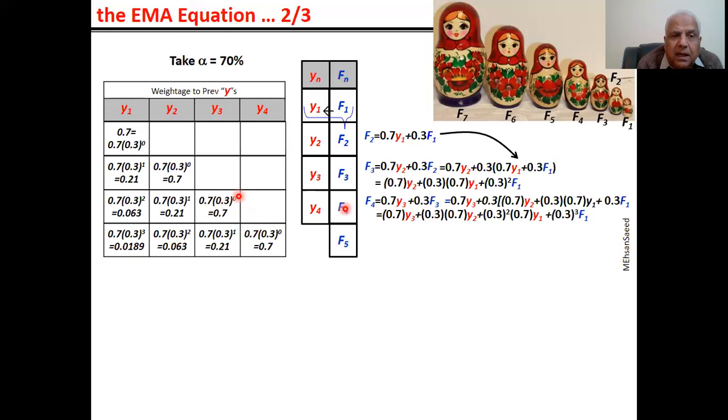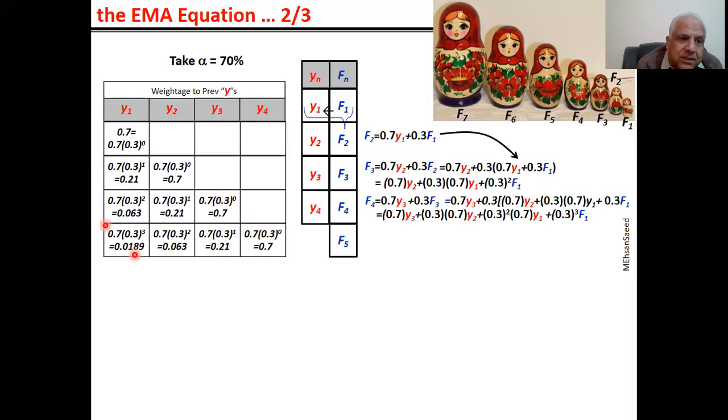I think you can now extend it, and you will find that these three dolls have merged into the fourth doll. And see the weightage. Now the weightage given to Y4 is 70%. The weightage given to Y3 is 21%. Weightage given to Y2 is 6.3%. And the weightage given to Y1 has reduced.